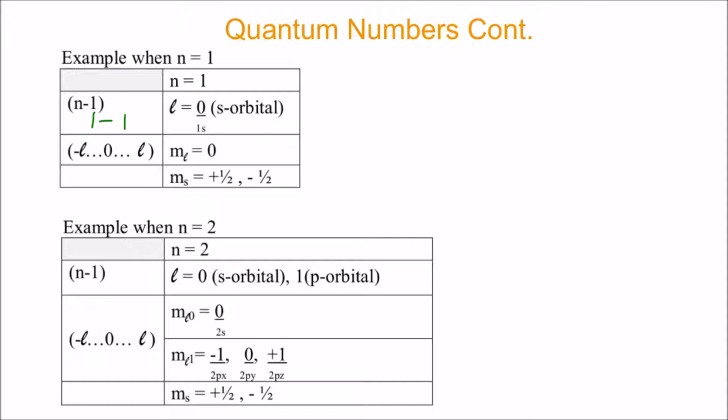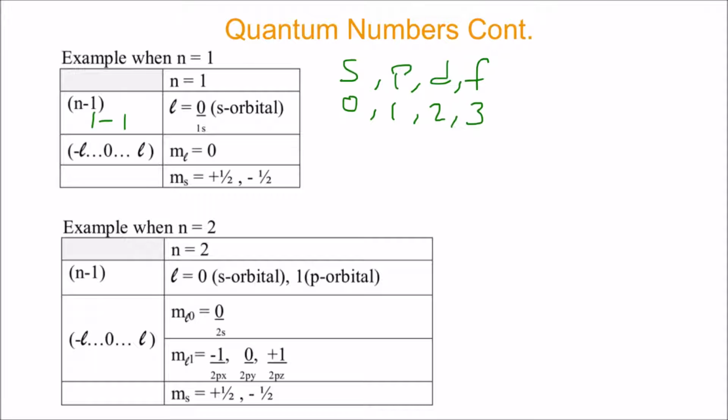Remember, I told you that the L values correspond to the orbitals and the letters of those orbitals, S, P, D, F, and that each of those letters corresponds to a number. So S corresponds to 0. I'll just quickly rewrite those back out. We had S, P, D, F, and starting with 0, we work our way up the number scale.